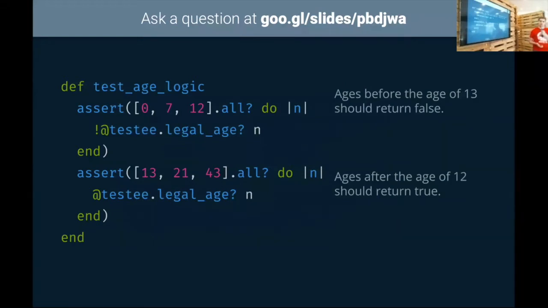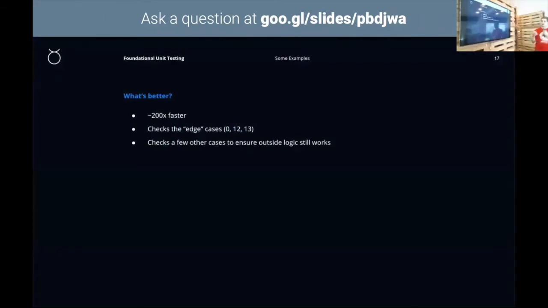For example, 0 and 12, and then 13 and anything above that. Those values let you make sure someone doesn't accidentally put a less than or equal to when they meant a less than, or something simple like that. But at the same time, that's a lot simpler and can be a little less confusing for other developers in some scenarios. So that's really small.